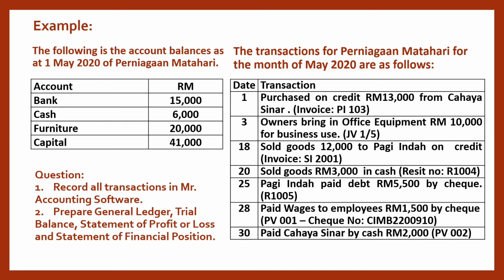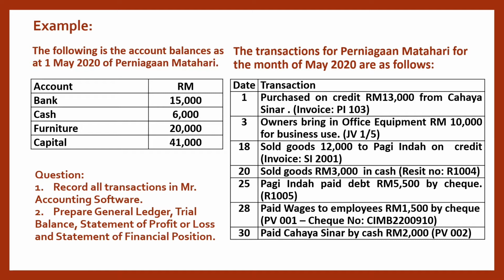On 1st May, purchase on credit 13,000 from Cahaya Sinar. On 3rd May, owner brings in office equipment RM 10,000 for business use. May 18, sold goods 12,000 to Pagi Indah on credit. On 20th May, sold goods 3,000 in cash.